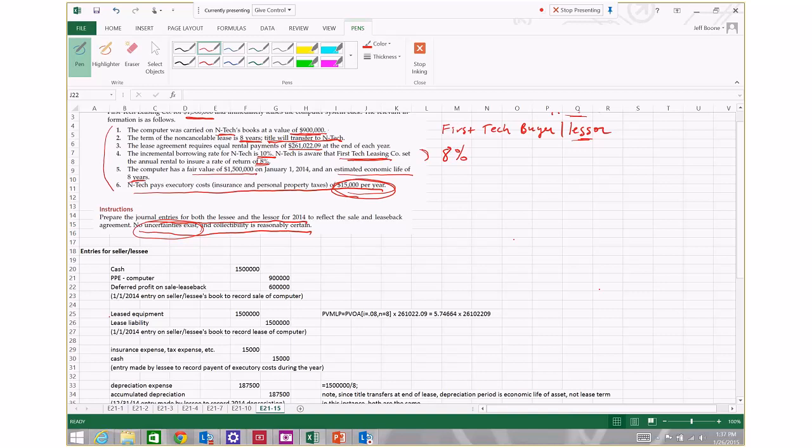In other words, the lessor has done essentially all that they are supposed to do in order to fulfill their requirement of the lease. So those are the basic facts.